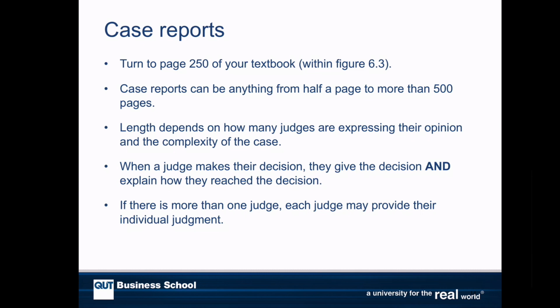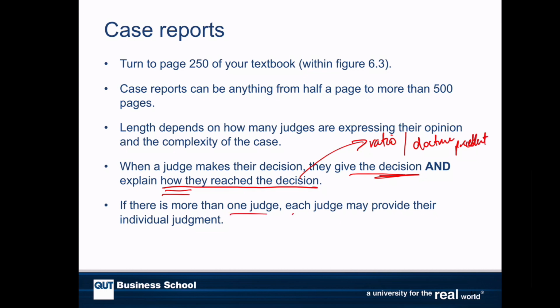So judges not only make a decision, whether a case is proved or not, but they also give the decision and how they reach the decision. We need that because that is what leads to the ratio, which is important to the doctrine of precedent, which we're going to deal with next.